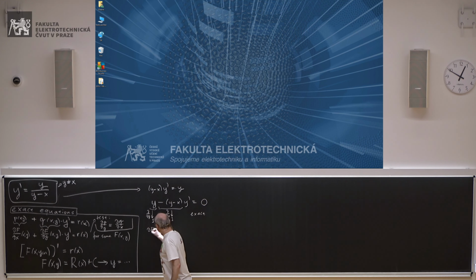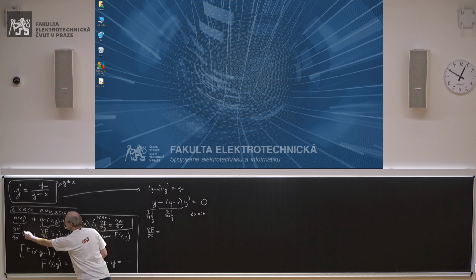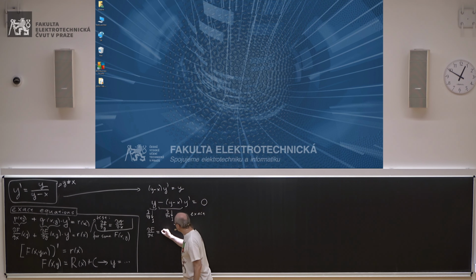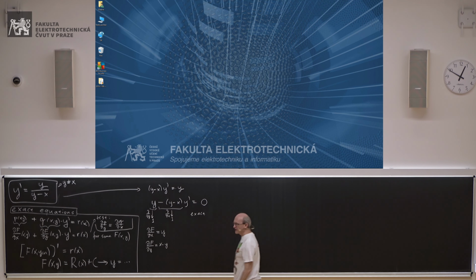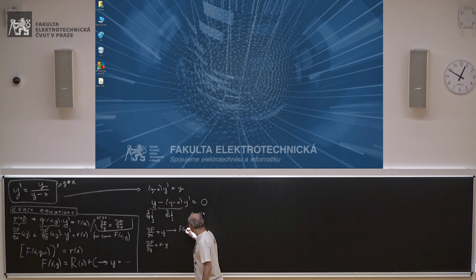Anyway, I'm looking for a function now. The function capital F, when I differentiate by x, should yield this part. I can see it over here. That's the pattern. So it should actually yield y. And capital F, when I differentiate by y, should yield, well, x minus y. Here we go. From this, I easily conclude that the function F(x, y) should be an antiderivative of y with respect to x.